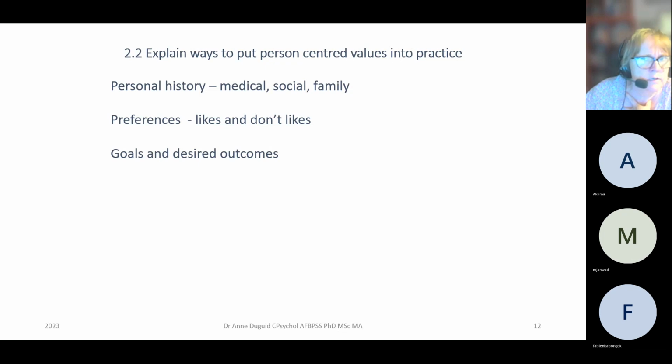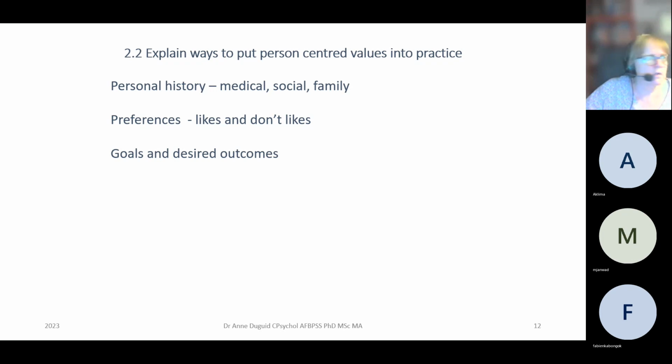What are the goals and desired outcomes? What are we trying to achieve here? Okay, so it depends on each individual person. Are we looking to increase their mobility? If they've had an accident or some sort of physical acute episode, are we trying to increase their mobility?